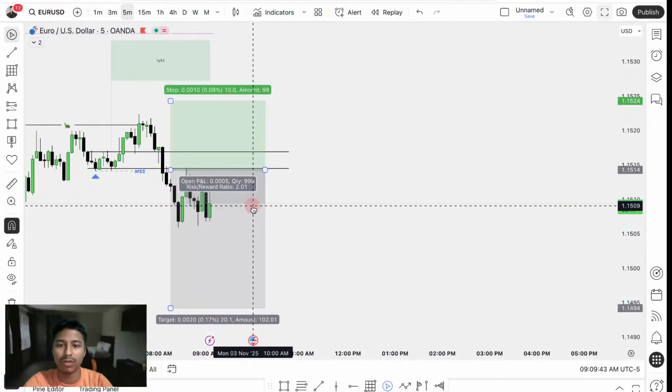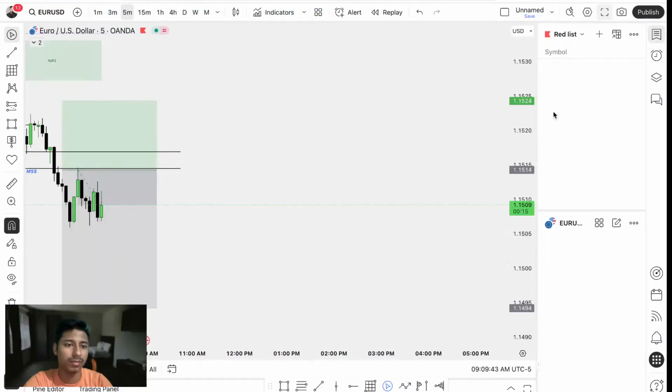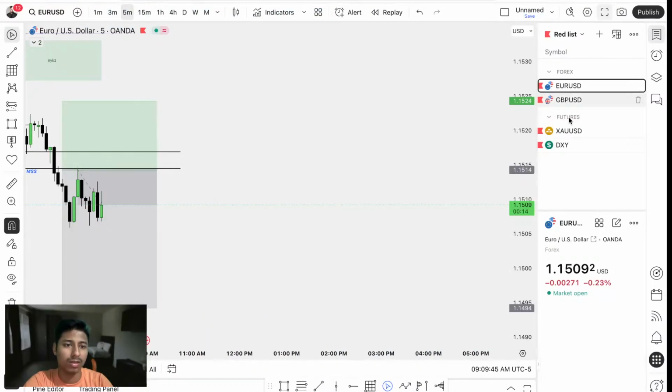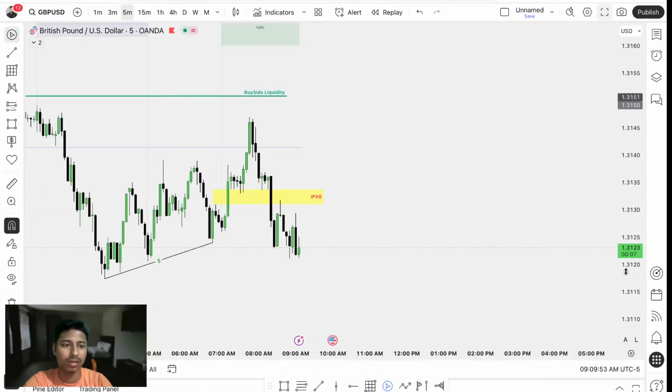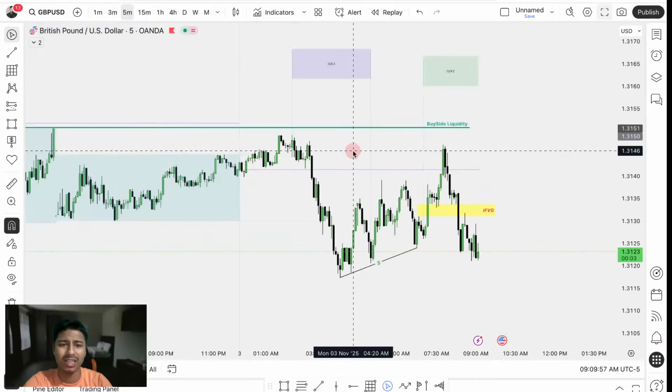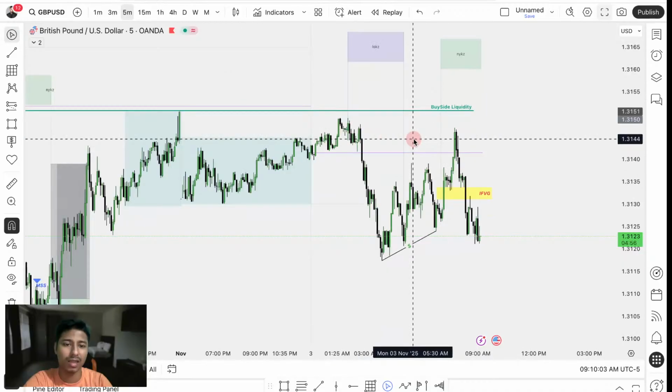Well, still, I want to see it raid this high tomorrow, maybe in the London session. If not, then in the New York session. Then I'm bearish for the week. And if not, then I would change my mind.